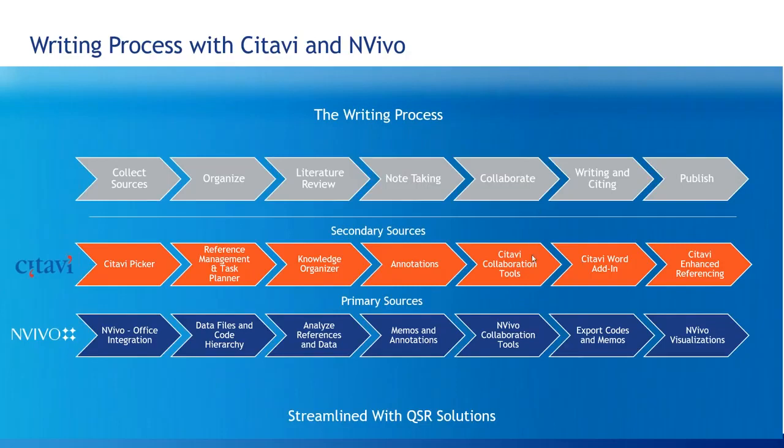To help you collaborate, Citavi does have collaboration tools. It is a desktop and a web-based app that you can use. And then NVivo has NVivo Collaboration Cloud and Server. And then to help you with writing, I'll show how you can export your work from Citavi into Word, and Citavi has a Word add-in to start building your outline in Word, and then NVivo can export codes and memos.